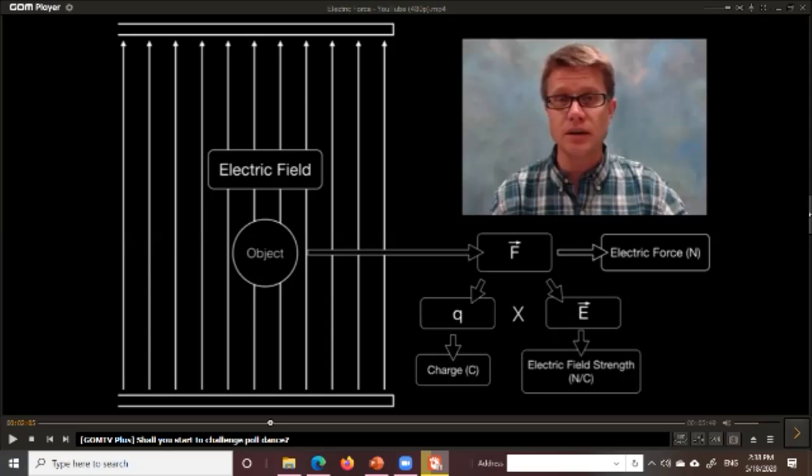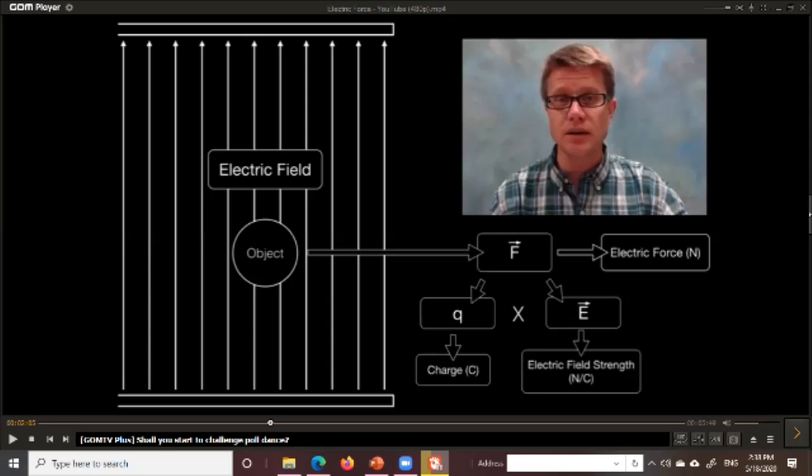Or clearly, if a body or a charge is placed in an electric field, due to that electric field, the charged particle moves from one place to another place due to the electric force.